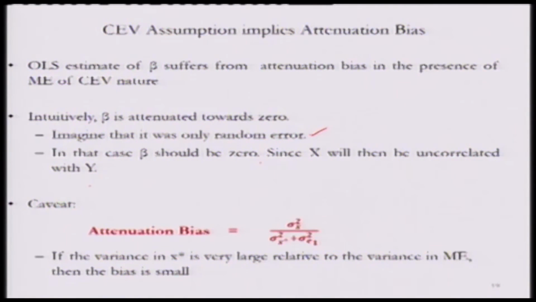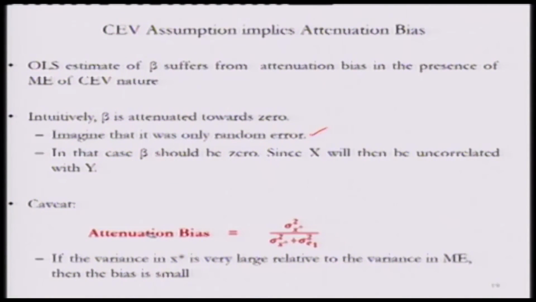Which means when you have full measurement error, your estimate of beta is completely attenuated to 0, but as you reduce the extent of the measurement error from complete randomness to a little bit of randomness and so on, you are going towards the true value of beta, right.